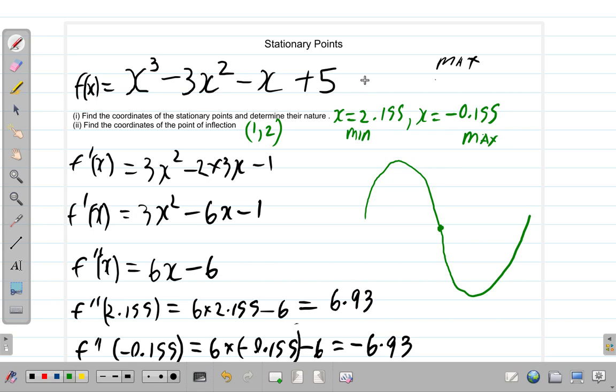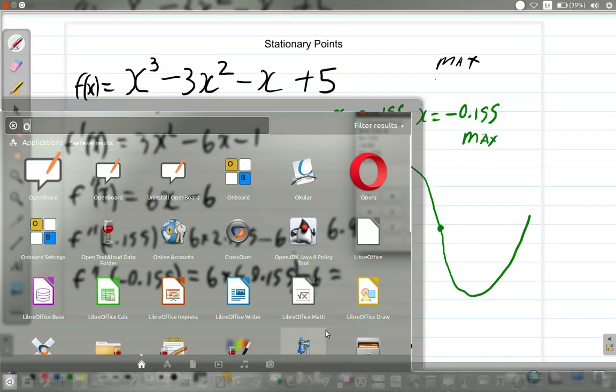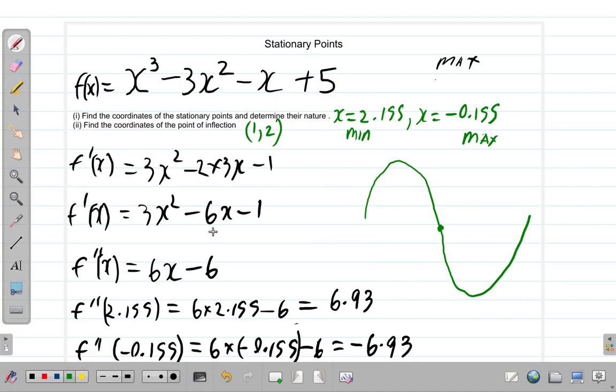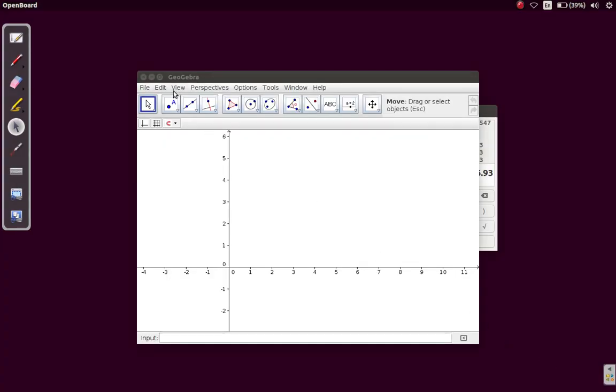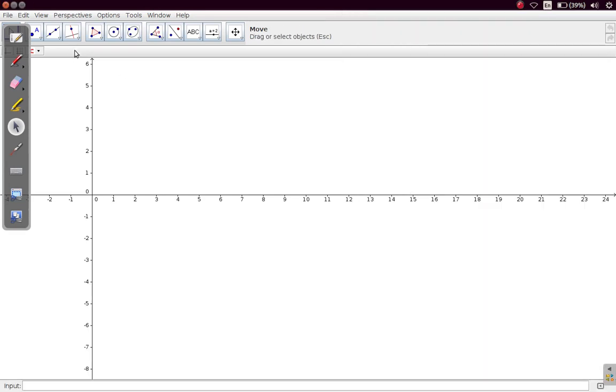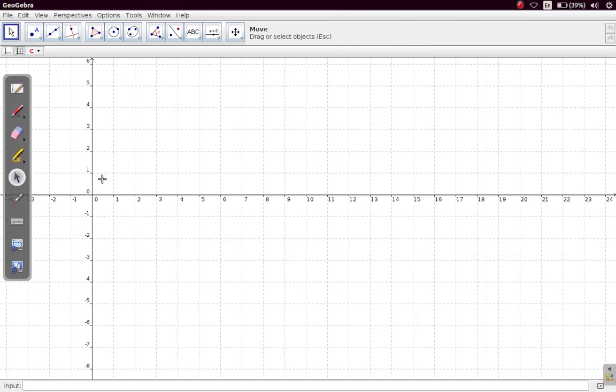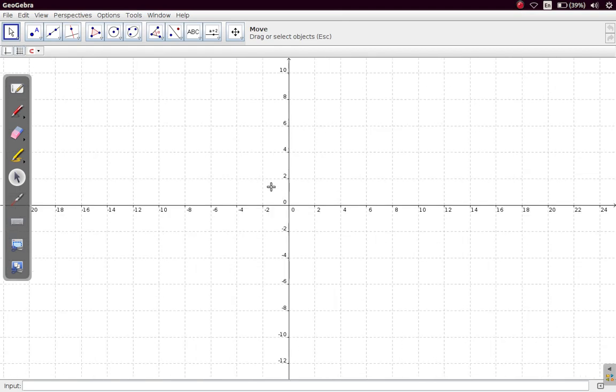Suppose we plot this graph. What would it look like? Alright, let's open GeoGebra, our graphing program. Plot the graph and see if we're really on track. This would confirm what the graph looks like.